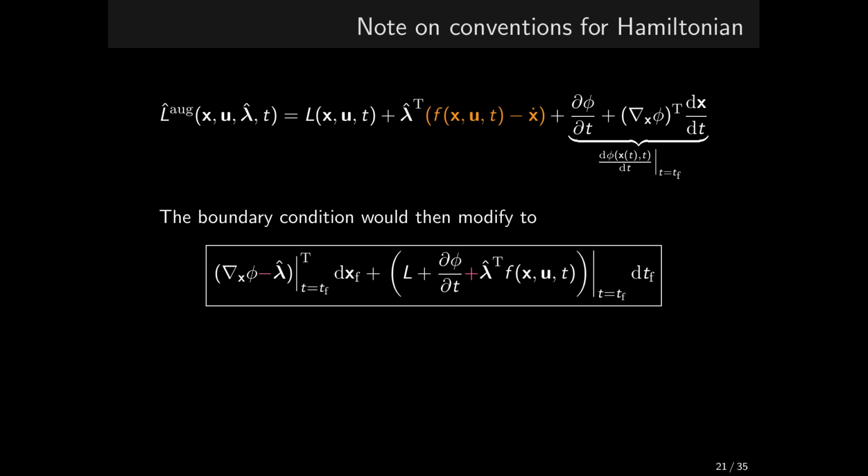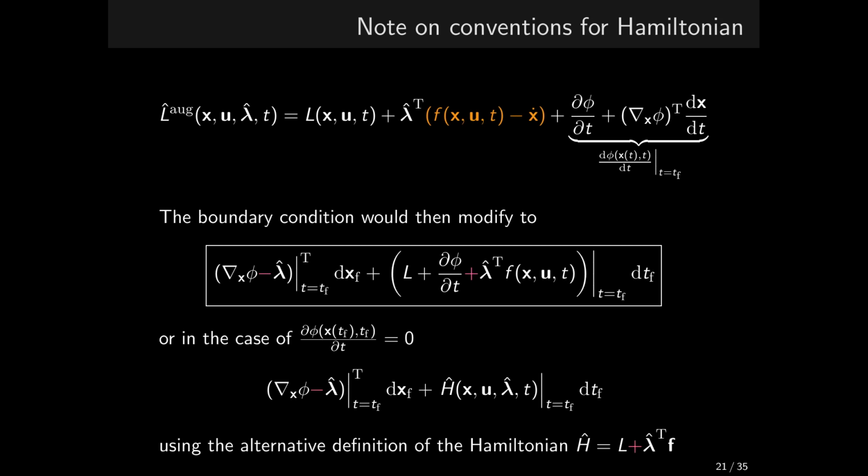In fact, just some signs would change. In the time-invariant case, the boundary condition would again feature the Hamiltonian, but this time it would assume that the Hamiltonian is defined as L plus lambda times f. Well, you may find it useful to have the formulas here for both conventions, but choose your preferred one and stick to it.